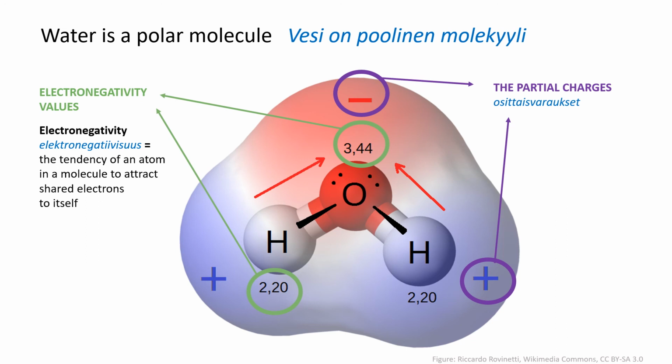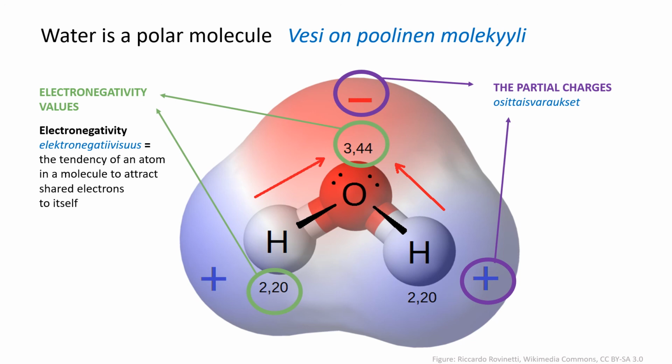For example, because the oxygen atom in the water molecule has a greater electronegativity than the hydrogen atoms, there is some molecular charge distribution, and a water molecule is a dipole.